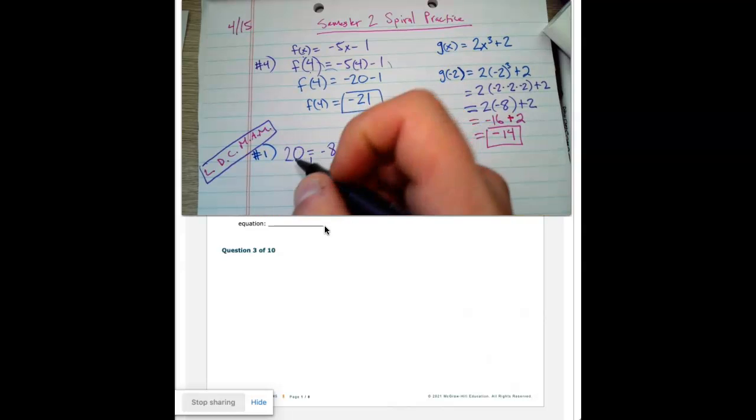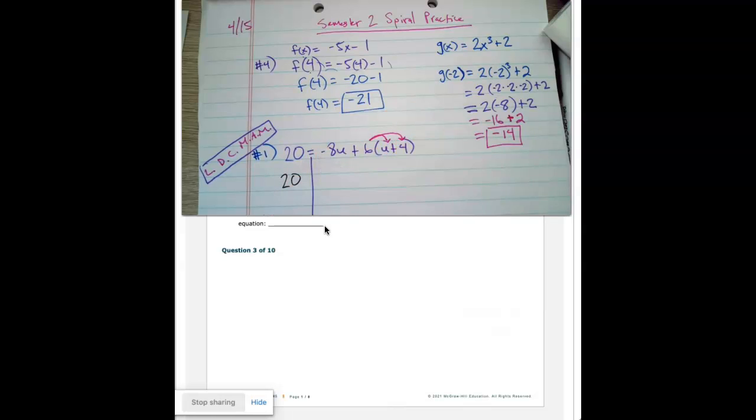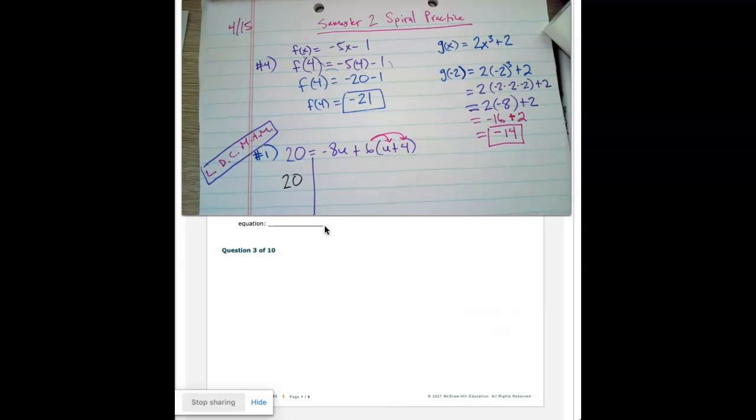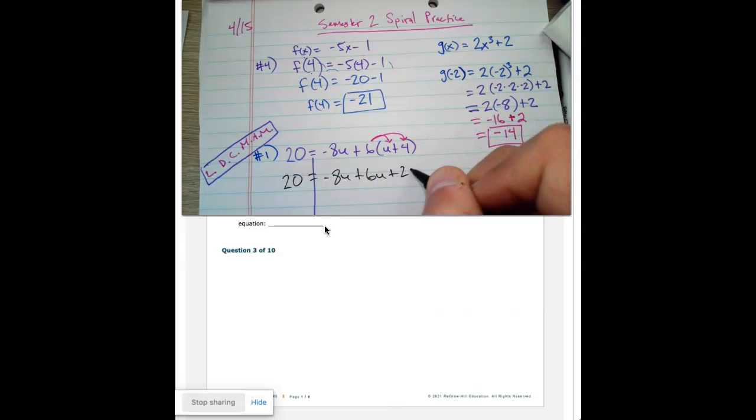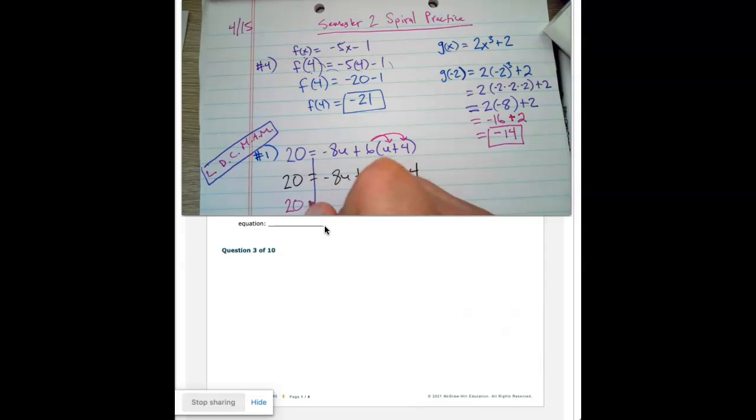D for distribute. I do have some distributing over here that I already started to indicate. 6 times U is 6U, and 6 times 4 is 24, and 20 equals negative 8U plus 6U plus 24.